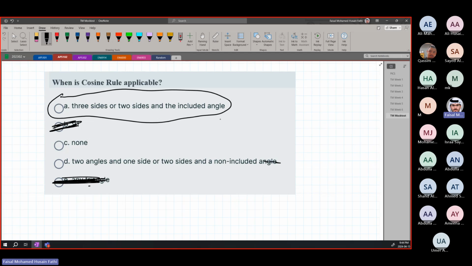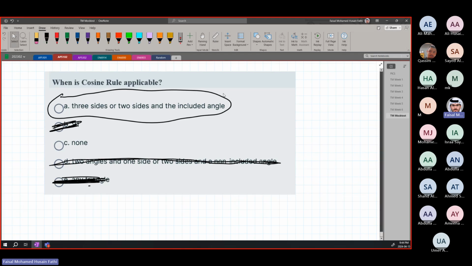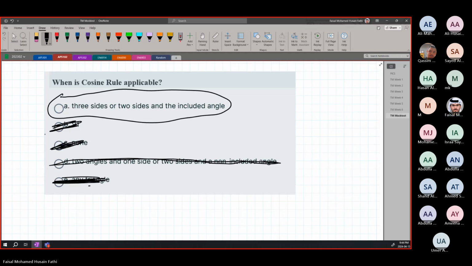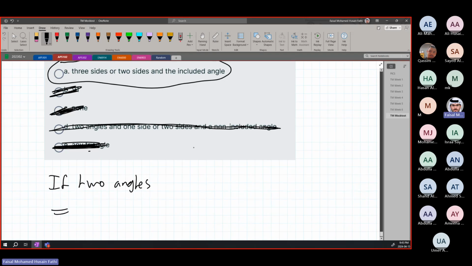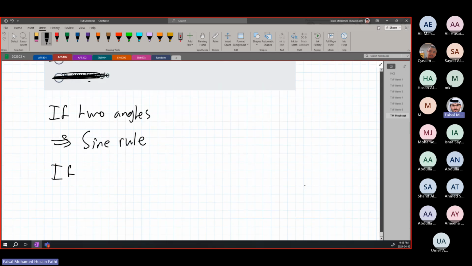2 angles and 1 side? Nope. It's not 2 angles. In cosine rule, we need either 1 angle or 3 sides, and this angle has to be the included angle. Otherwise, we cannot use cosine rule. If you see 2 angles, just instantly assume you're using sine rule. Again, if only one side is given, instantly assume it is sine rule.